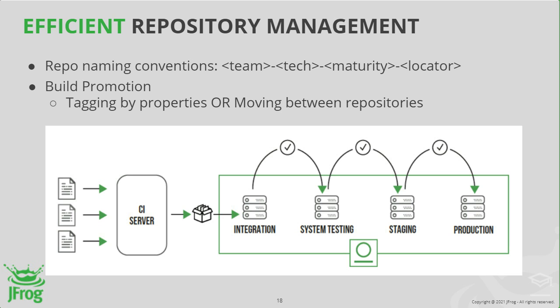So if this is a local repository, or maybe this repository exists on another Artifactory deployment in a different country, for example. Let's say that I have multiple Artifactory deployments, multiple sites of Artifactory on the globe. Maybe I have a site in Paris and another site in Washington, D.C., I will use the locator to mark that.